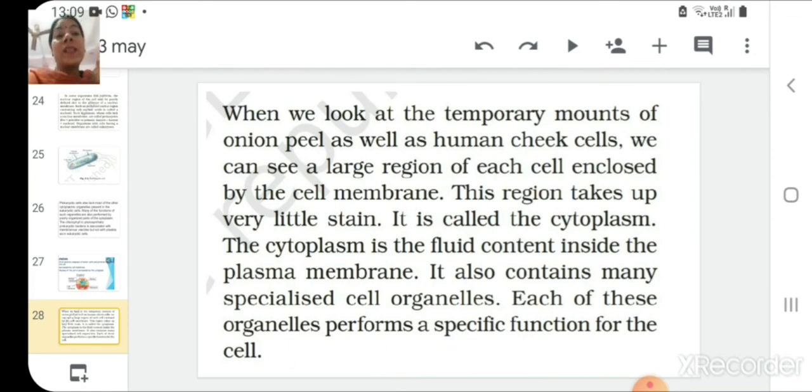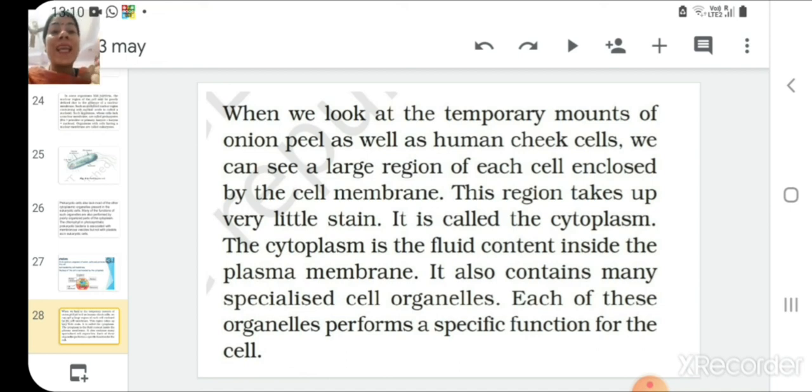When we look at the temporary mount of onion peel as well as human cheek cells, we can see a large region of each cell enclosed by the plasma membrane. I told you in my previous sessions also that when you visualize a cell under a compound microscope, you will see three main parts: cell membrane or plasma membrane, then nucleus, and the third one is cytoplasm. The part which is between this nucleus and plasma membrane is cytoplasm.